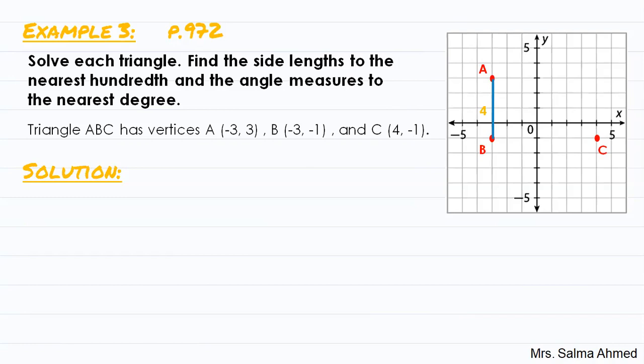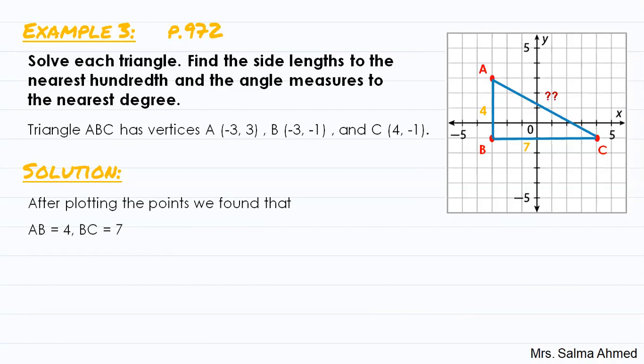Now I'm going to connect BC, and when I count the squares, it's 7 units. So I know now these two sides. I have to find the third side, which is AC. After plotting the points, we found that AB equals 4 and BC equals 7.